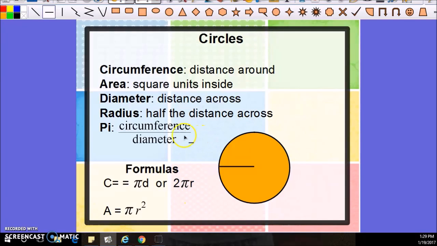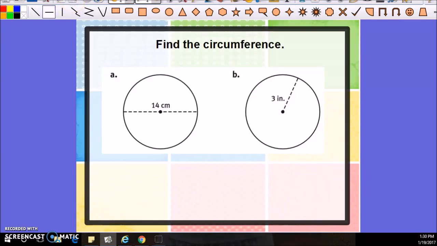Pi is circumference over diameter, the same as dividing the circumference by the diameter. The formulas you need to know are circumference equals pi times diameter, and area equals pi r squared. That r squared is r times r, so you multiply it times itself. In your notebook, go ahead and draw these in.